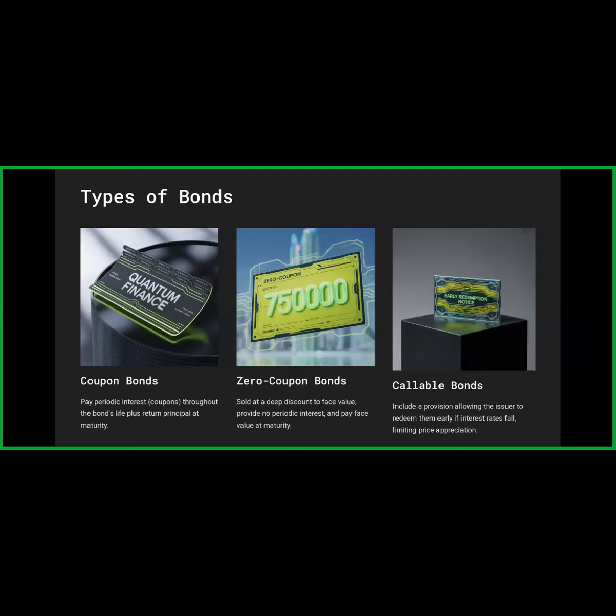Okay, so these are the two types of bond, and next one is the callable bonds. These callable bonds include a provision allowing the issuer to redeem them early if the interest rate falls, or we can say limiting appreciation. So these are bonds that provide a facility to the investors if they find there are risks associated with the investment, for example if interest rates are going down because of a reduction of the repo rate by the RBI.